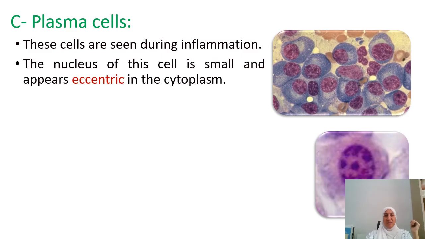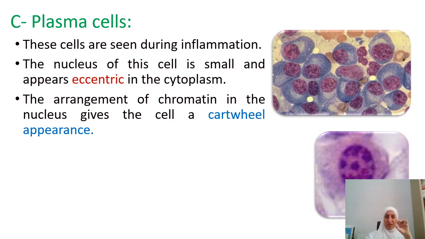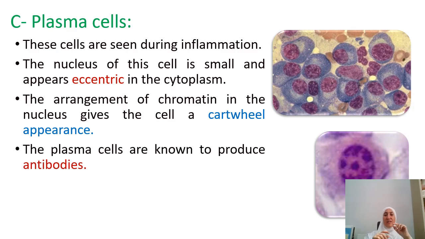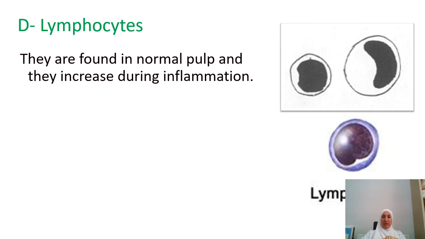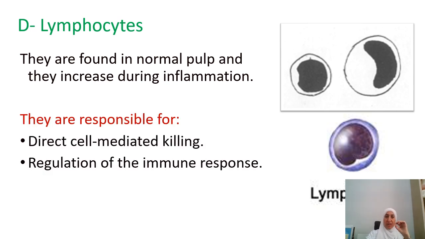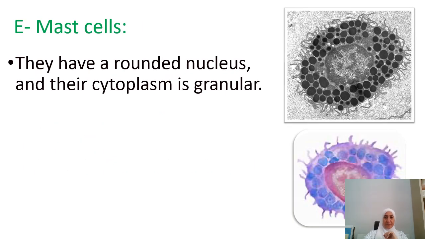Another defensive cell is the plasma cell, and as we see here, they appear to have peripheral, eccentric nuclei, and the nuclei have a cartwheel appearance, and of course plasma cells are responsible for antibody production. Other inflammatory cells are lymphocytes that perform direct cell-mediated killing and regulate the immune response.